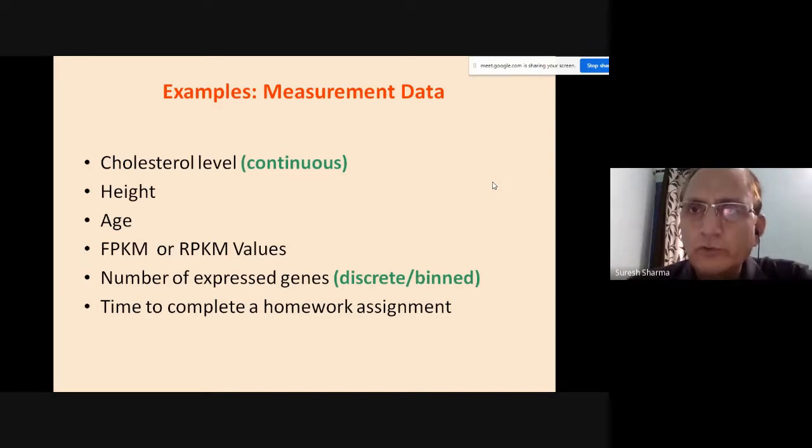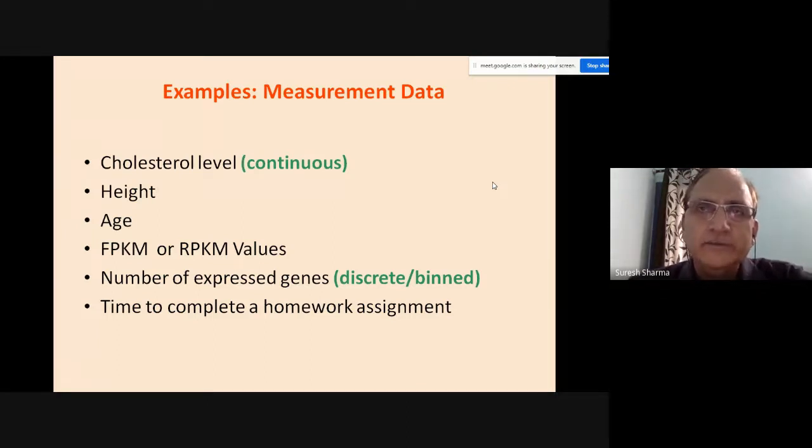Now we want to move on to measurement data, like cholesterol. You can have some instrument to measure it. Height, you can have some instrument to measure. Age, you don't require any instrument, but it is a measurable quantity. FPKM value: sometimes we take a part of DNA and put it into an Illumina experiment.